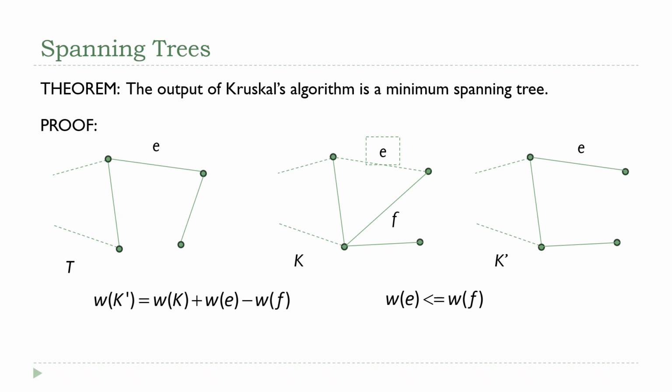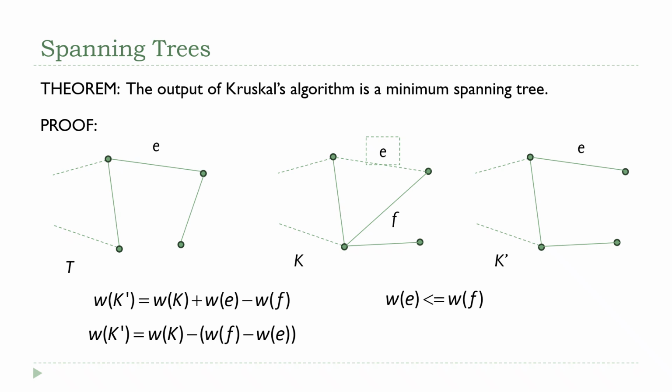So here's what I'm going to do. I'm going to rearrange the right side of that equation. I'm going to make it the weight of K minus the quantity of the weight of F minus the weight of E. Now the weight of F minus the weight of E has to be non-negative.